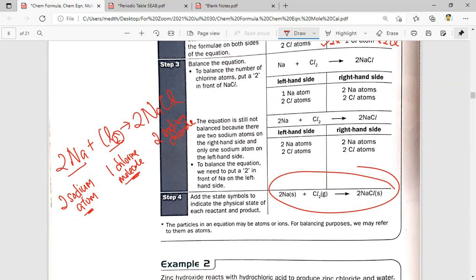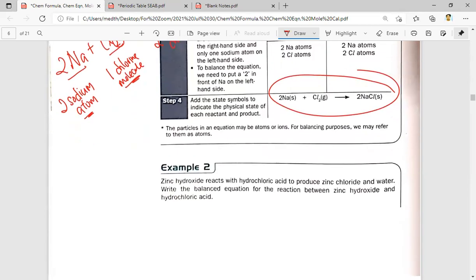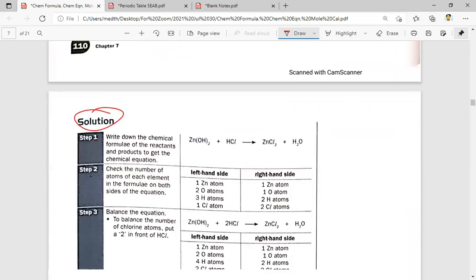So this equation just means 2 sodium atoms react with 1 chlorine molecule to give me 2 sodium chloride. So this is what your chemical equation can tell you. And with this chemical equation, then you can do your chemical calculation. So let's go to chemical calculation now.